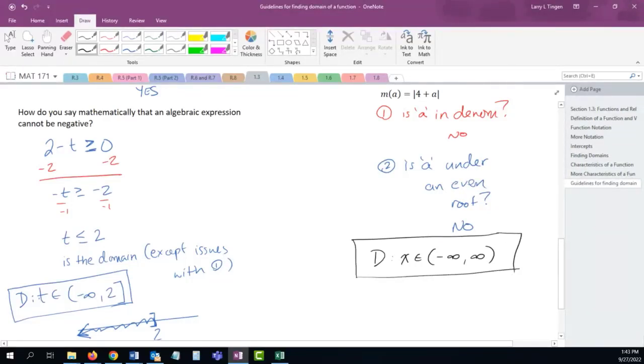If the variable is not in the denominator, and the variable is not under an even root, the domain is all real numbers. Because there's no value of a that breaks either of those two rules. I cannot get an a that causes division by 0. I cannot get an a that is under an even root, because there is no denominator here and there is no even root.